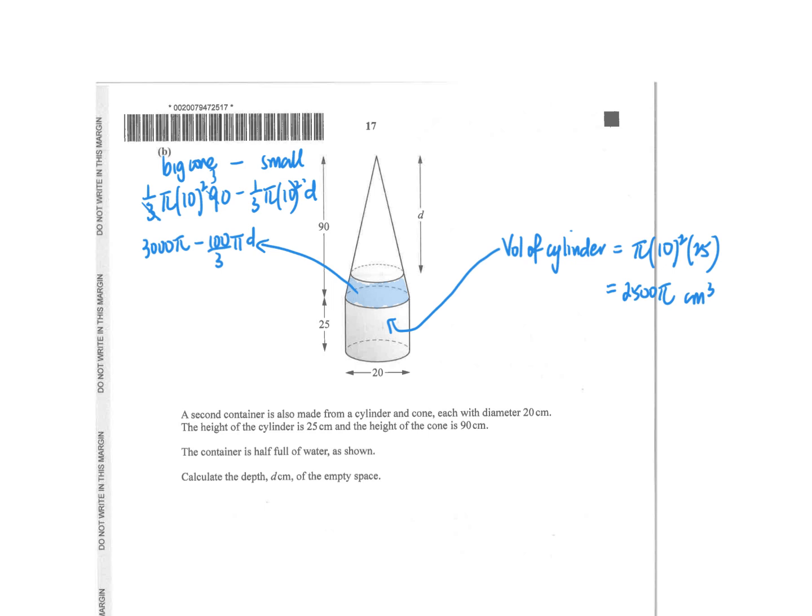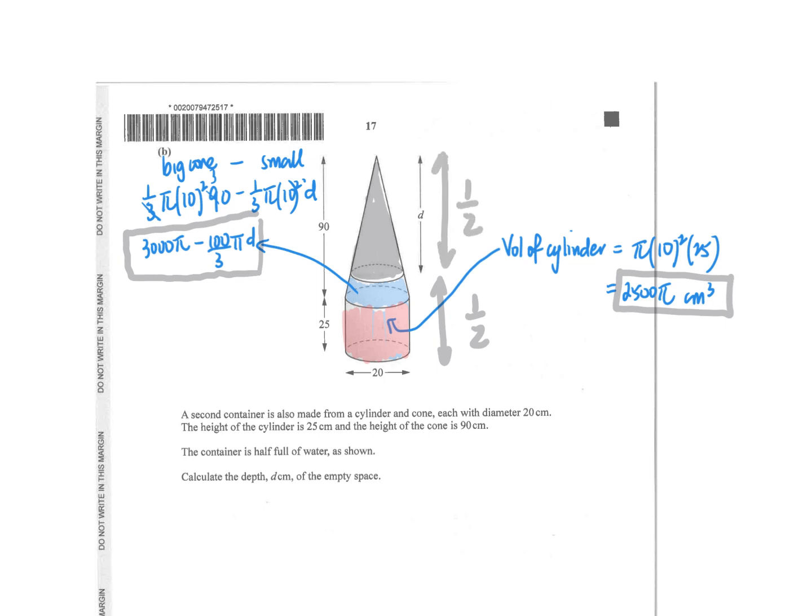Okay, so once you know this part and this part, they say this is essentially half of the container. So if I were to add these two together, it should be equal to the volume of the cone here, because this is half, this is the other half.